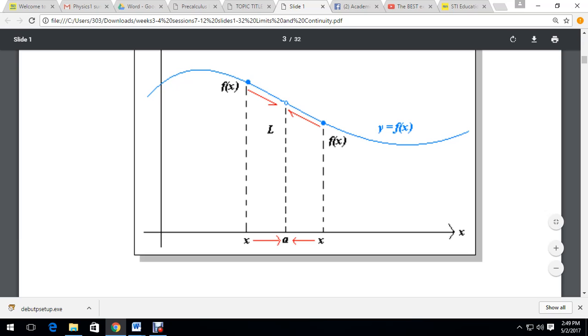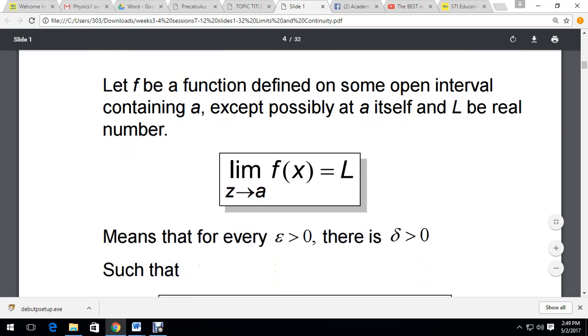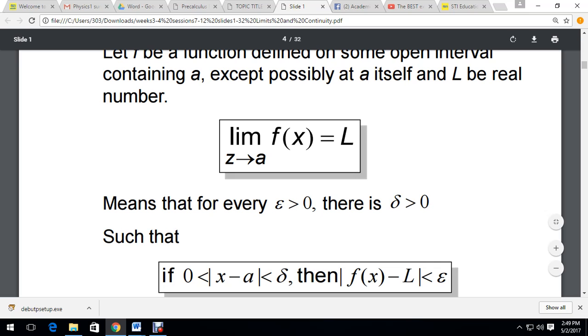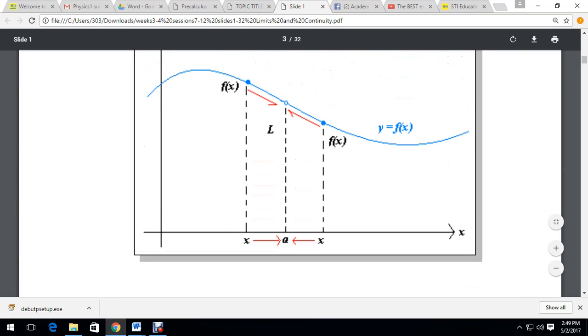Try to imagine from L up to a point above L, and from L to a point below L. The distance from L above and from L below is our distance epsilon. So the distance epsilon is the distance above L from here up to here, which is also the same distance from here up to here.